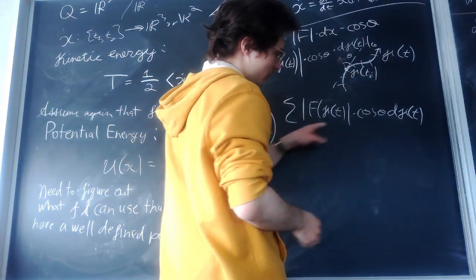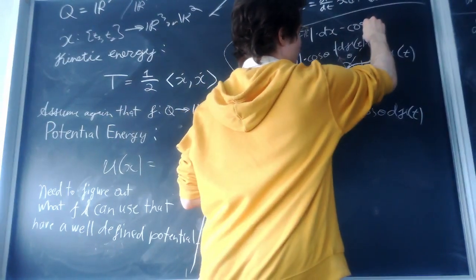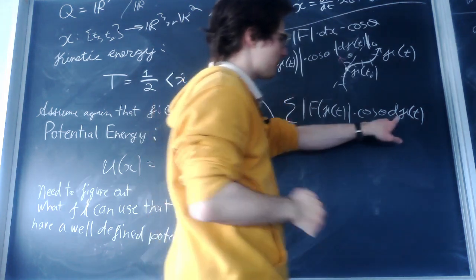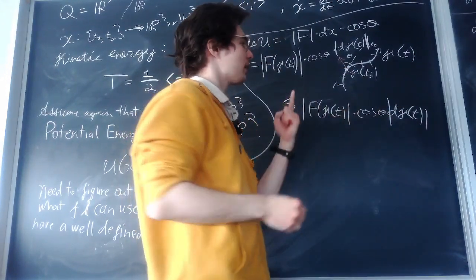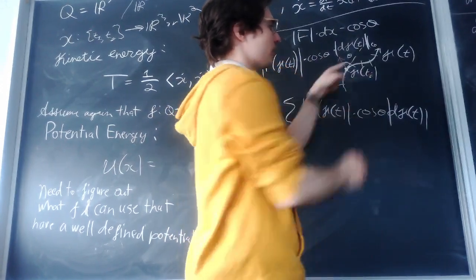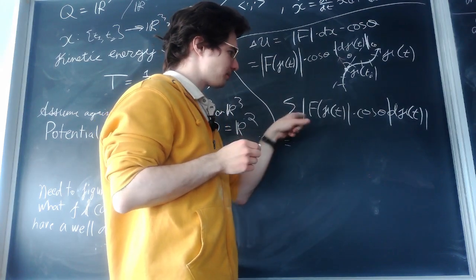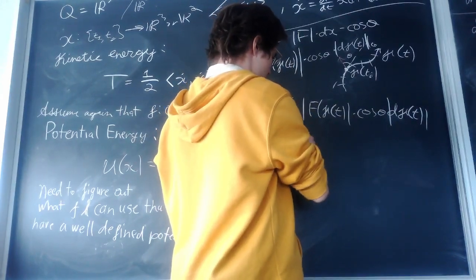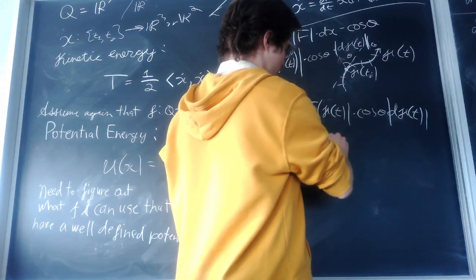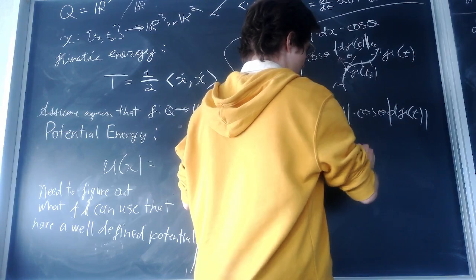However, you can notice that, sorry, there should be an absolute value around d gamma of t. D gamma of t is itself a vector. Do you agree, right? It's the tangent vector to this curve. Do you agree? So what this whole quantity should be is really just the inner product between my force and d gamma of t.